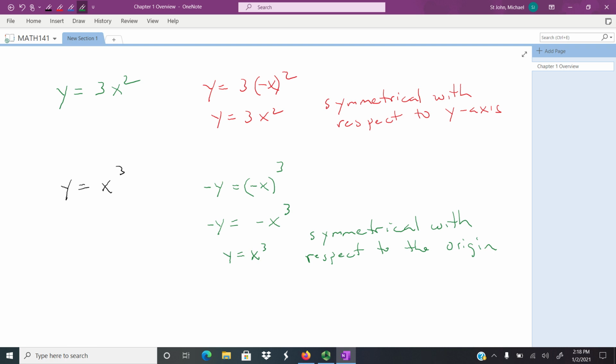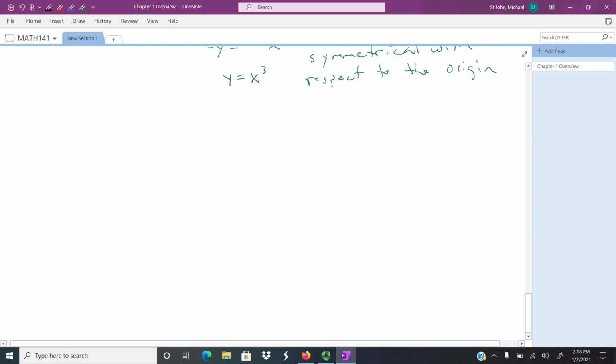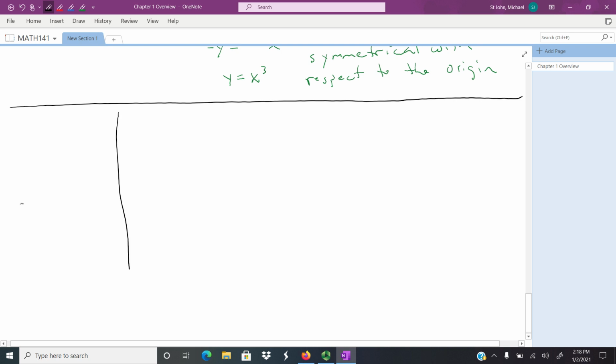Going back to our lines, we've got lines and slope. Let's go a little bit more into the slope of a line. So let's draw some lines here. I could have a line that goes like this, and this one would have a positive slope. If you go from left to right, you're going uphill.